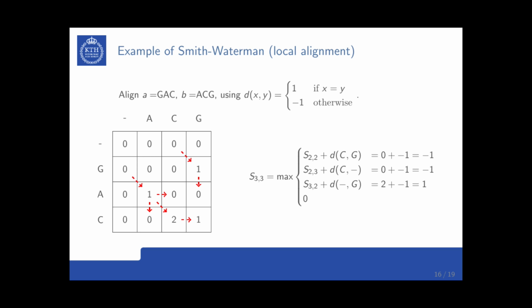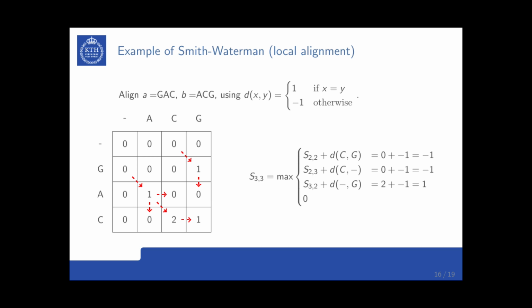We either come to the position diagonally, and that's from a 0, so with a mismatch, that's a 0 plus -1, so that renders a -1. We move there vertically, and that's a 0 plus a gap penalty, that's -1.